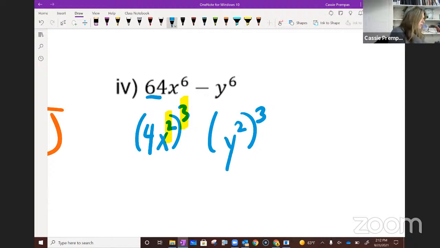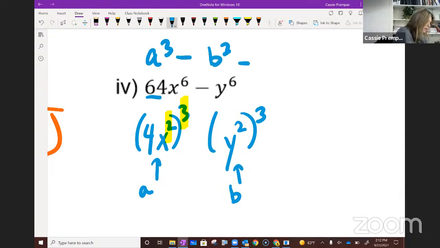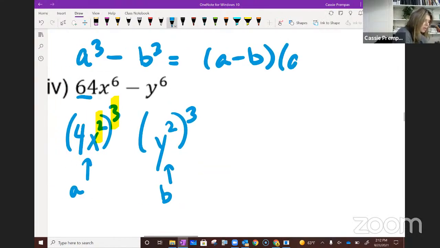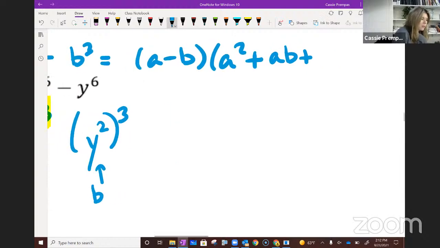Y squared. Awesome. Now that we know a and b, quick reminder, a cubed minus b cubed factors into a minus b times quantity a squared plus ab plus b squared.